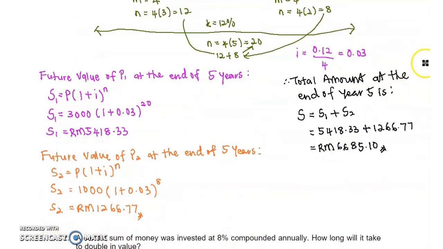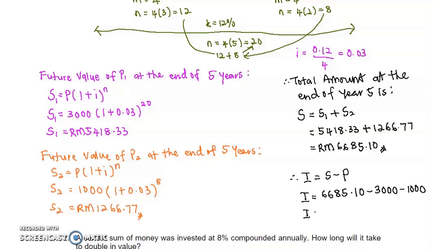So total interest I equal to S minus P. So S just now is 6685.10. Okay, P, be careful. We have two principles just now, right? So minus 3000 and then another minus 1000. So interest equal to RM 2685.10.